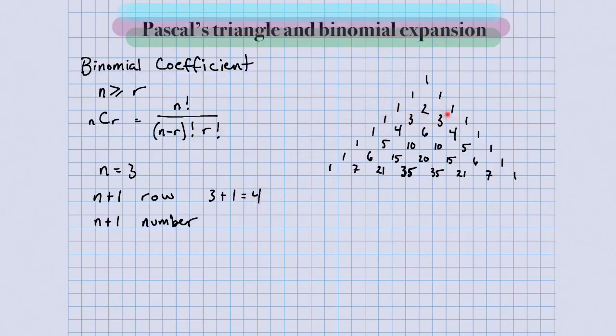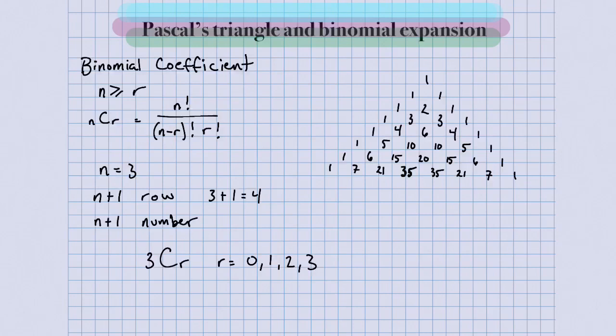So here's the fourth row. Now you also notice that there's 4 numbers in this fourth row. That's where we get this n plus 1 numbers in this row. So if I wanted to have something like 3 choose r, find the values for r equals 0, 1, 2, and 3.